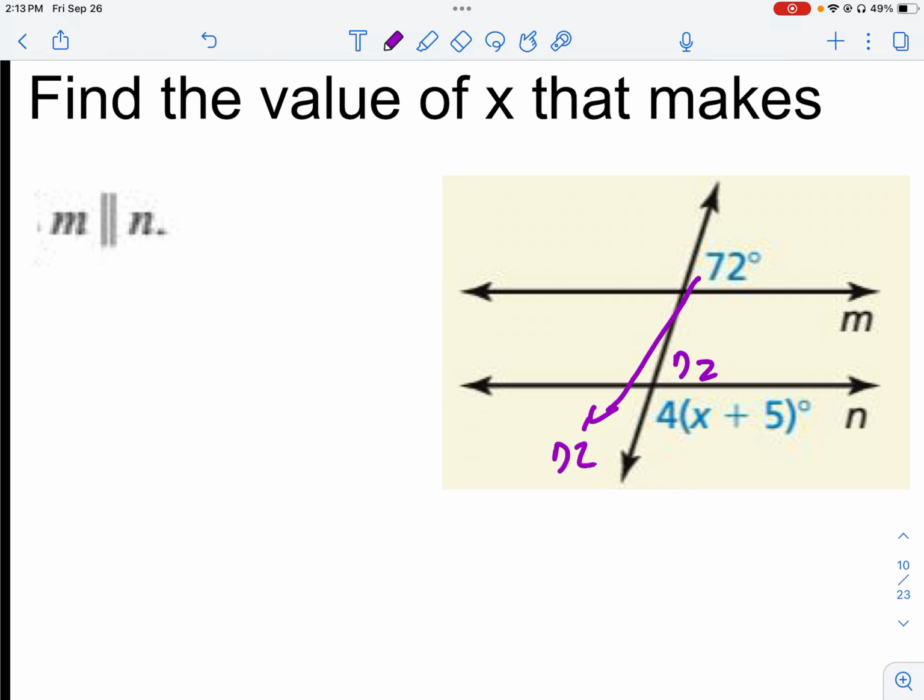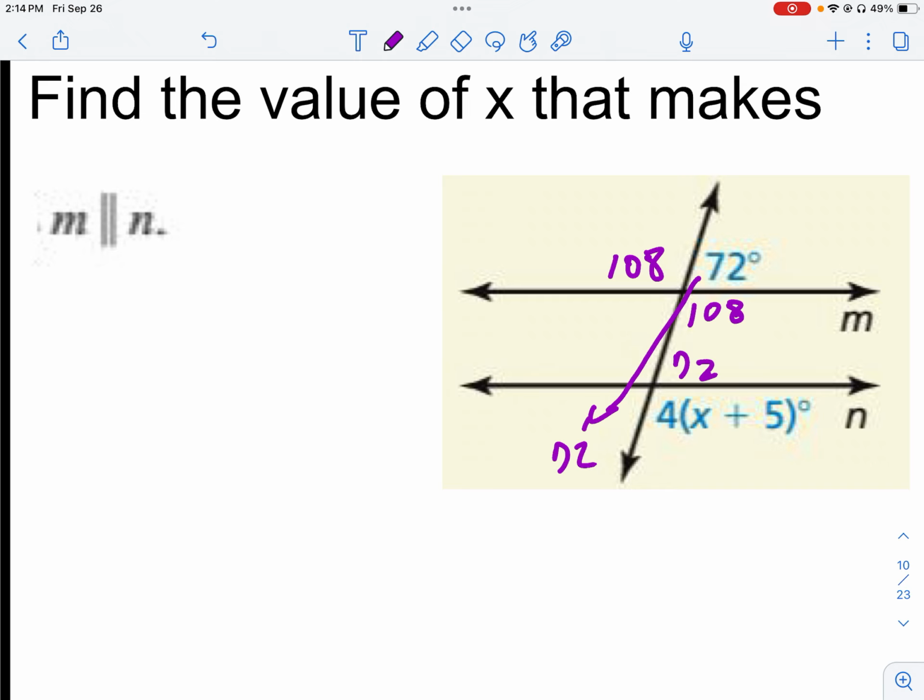So far, nothing is matching up. Well, here we have a linear pair, which is supplementary. So 108 plus 72 is 180. So that's true. So this would have to be 108 as well, because that's also a linear pair, north-south there. So 108 plus 72 is 180. If that's true, then m is parallel to n.